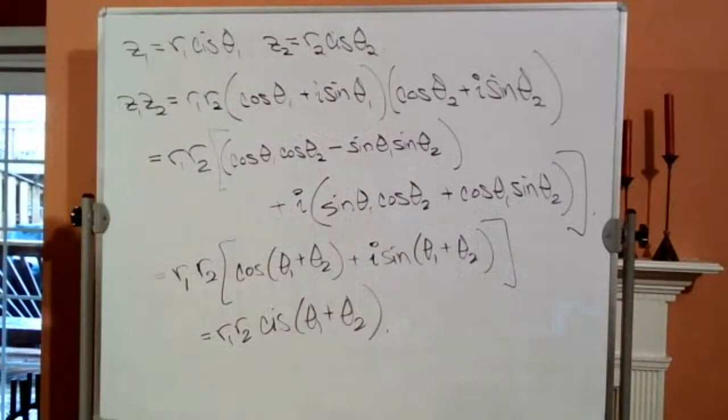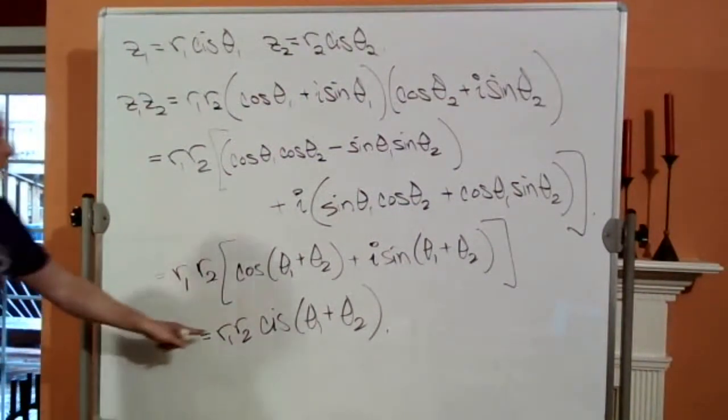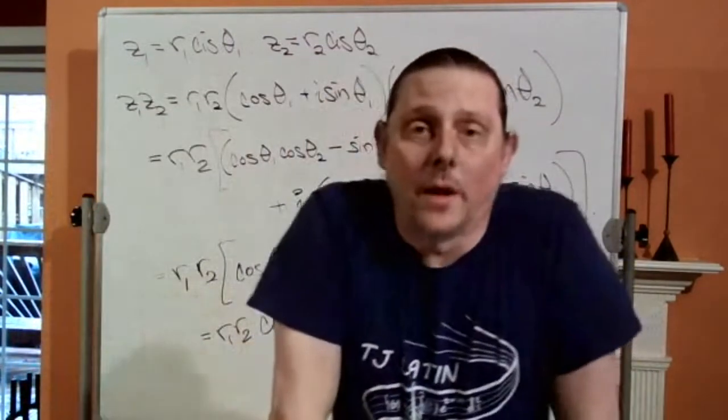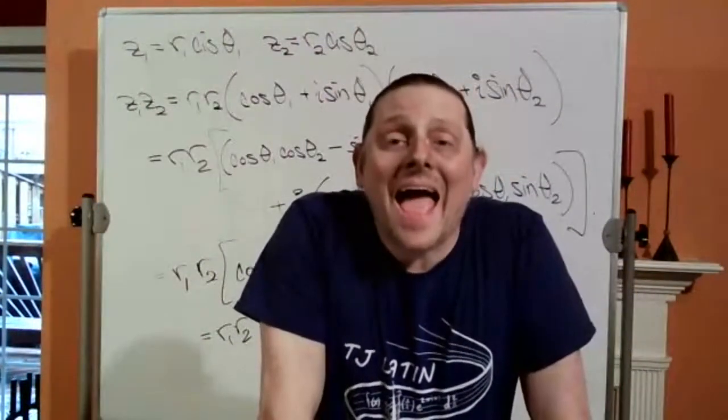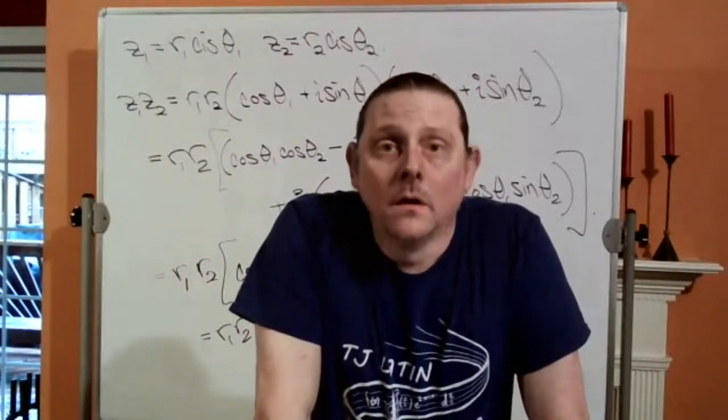So what we see here is that multiplying two complex numbers is obtained by multiplying the modulus of the two complex numbers and adding their arguments.